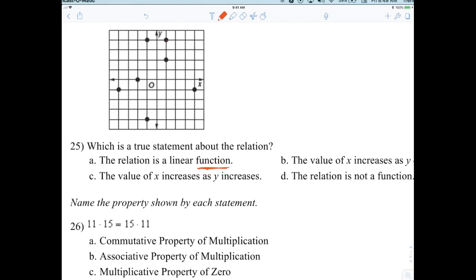Right here, that is a repeated x value. Do you agree? So because it's a repeated x value, it's not a function. The other thing I want you to say is, is it linear anyway? Linear just means it makes a line. Does everybody hear me? Linear means it makes a line. So those dots don't form a line.